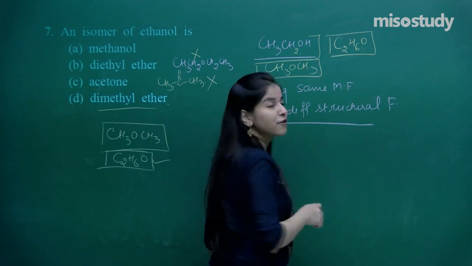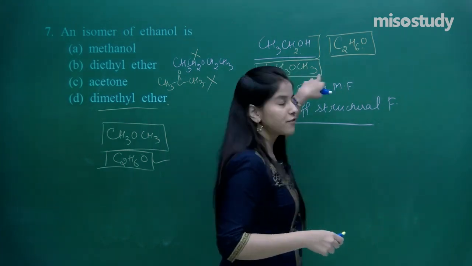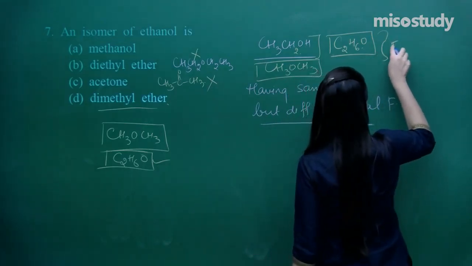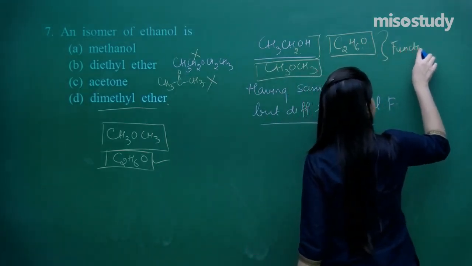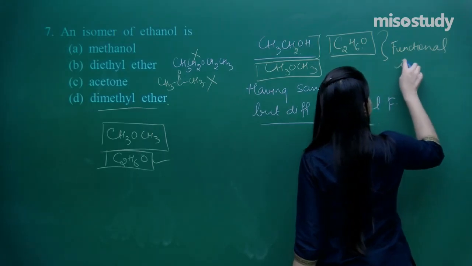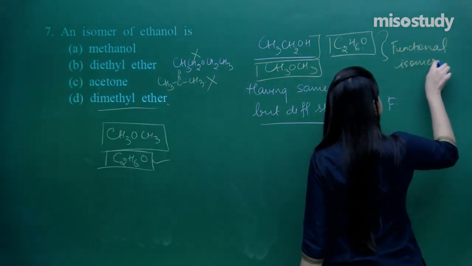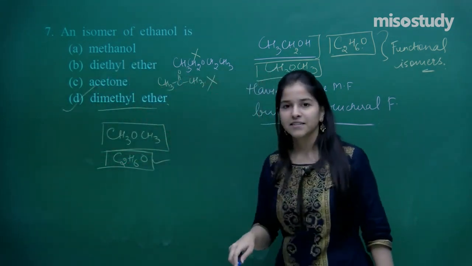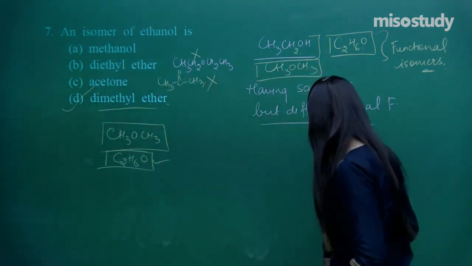These are nothing but the functional isomers. That means different kinds of functional groups but the same molecular formula. So these are functional isomers. I hope you all have got it. Finally, the answer is D. So let's move on to the next question.